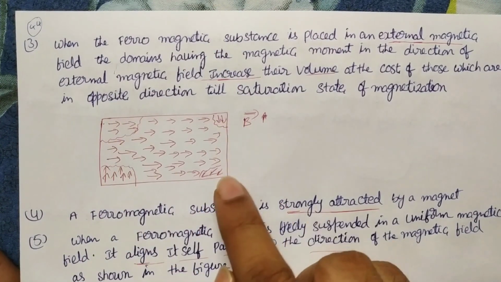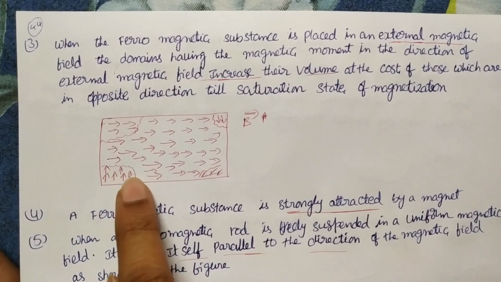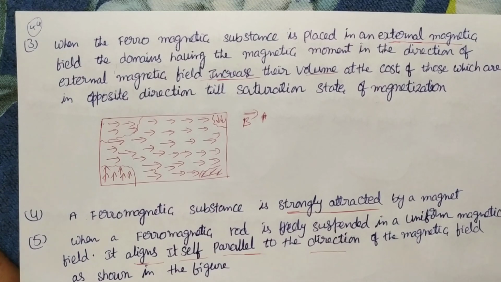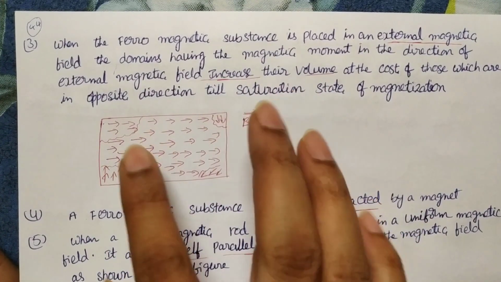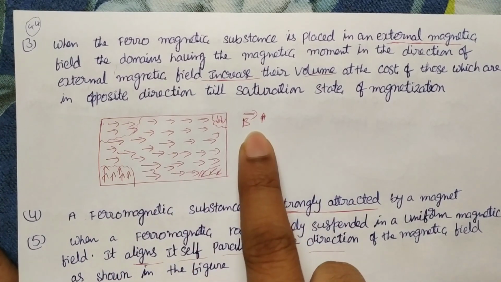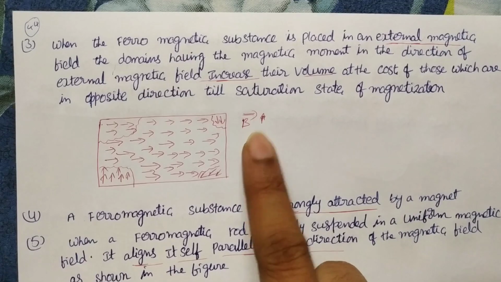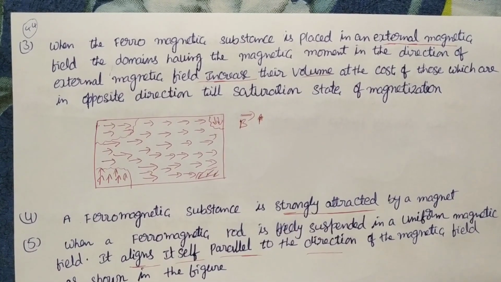The other domain, whose direction at the bottom is upward, sinks. So most of the area of this material is occupied by the domain in the direction of the external magnetic field. This is the reason it shows a strong magnetic attraction.